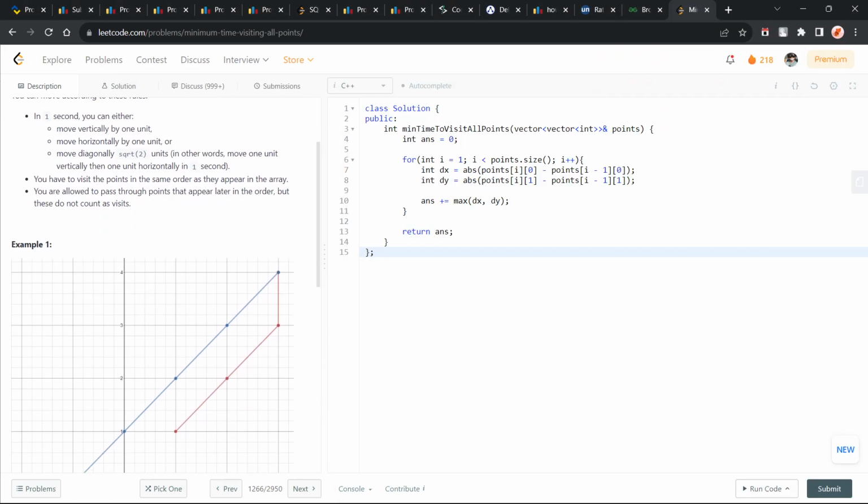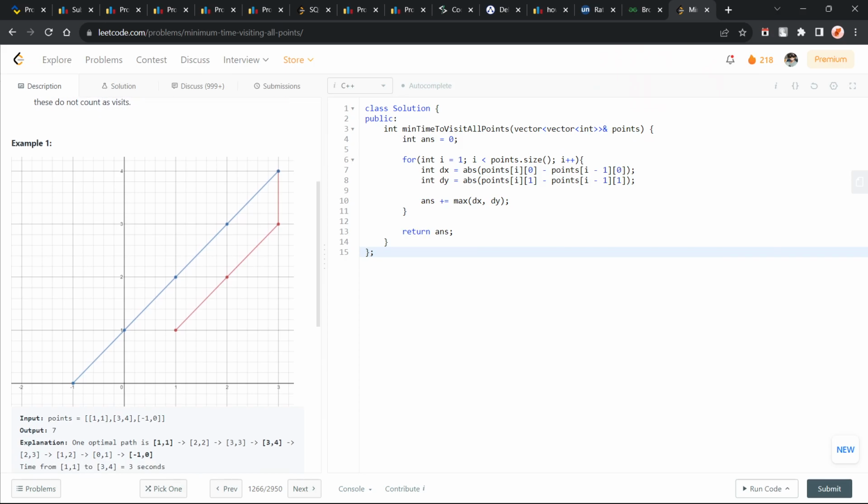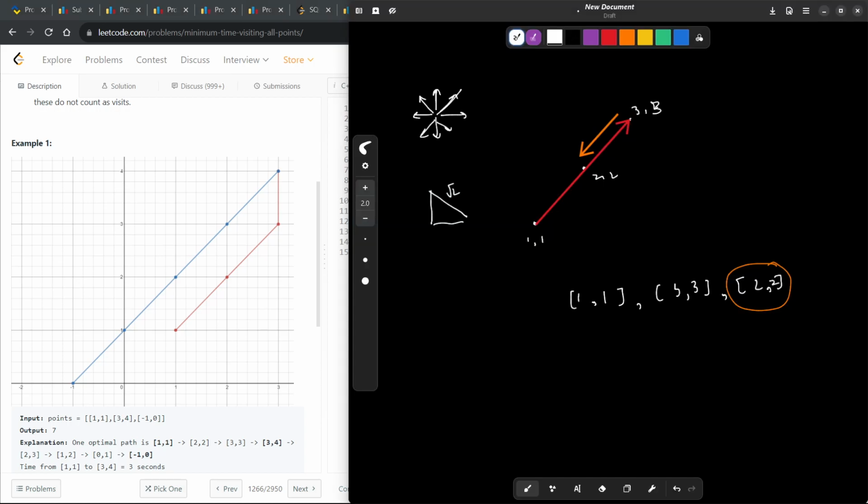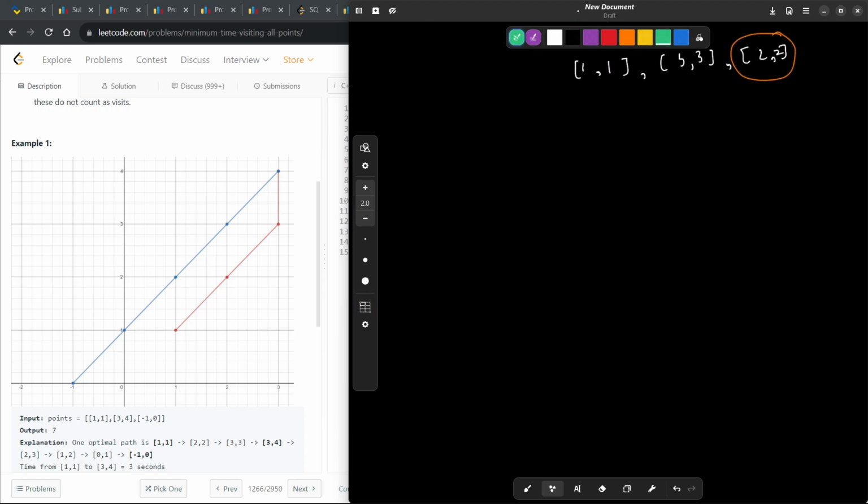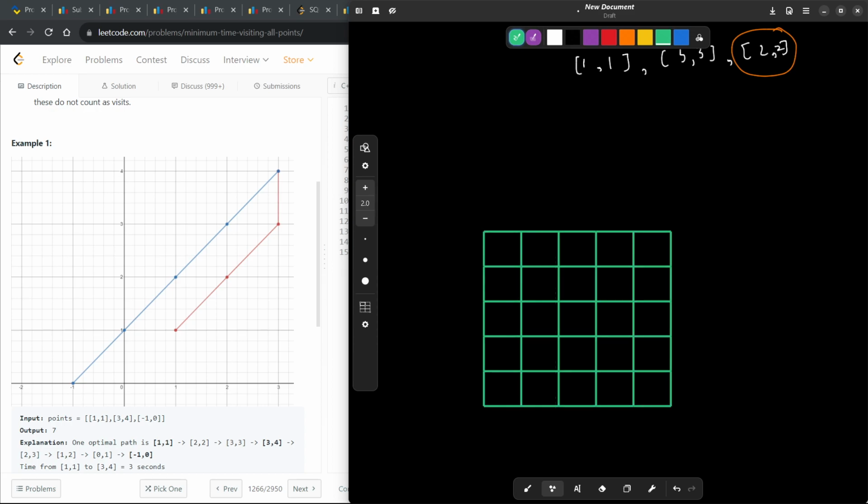Now what you have to do is, you just have to find the time taken in the shortest path. So in any case, let me show you with an example. So if you have a grid, let's assume that this is going to be a 2D grid, and these are the points, right?